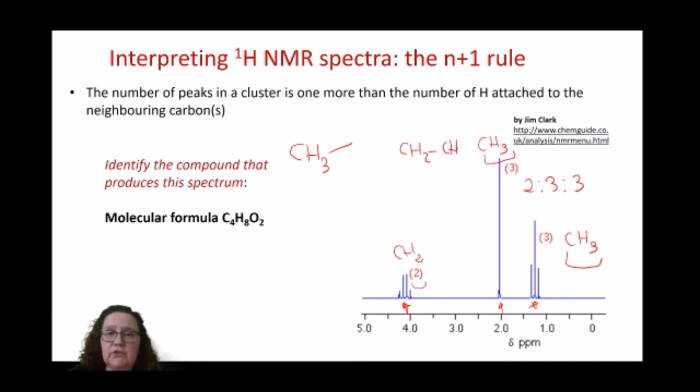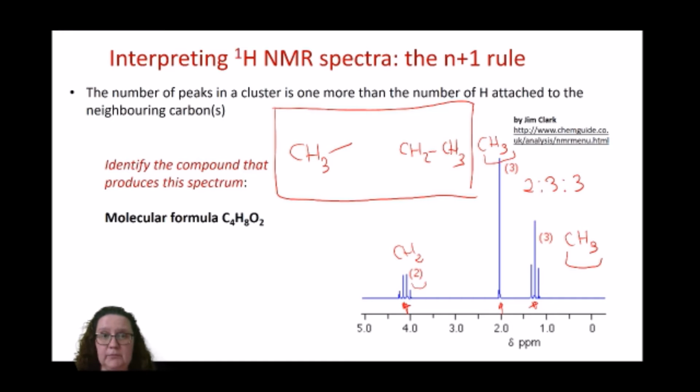And now I just need to know how to put it together and combine it. At the moment, I have accounted for 3 of the carbons, all the hydrogens, and I still have 1 carbon left and the 2 oxygens. Then I need to think how I might be able to put this together, and that's when I need to look at the chemical shifts and compare them with a table.